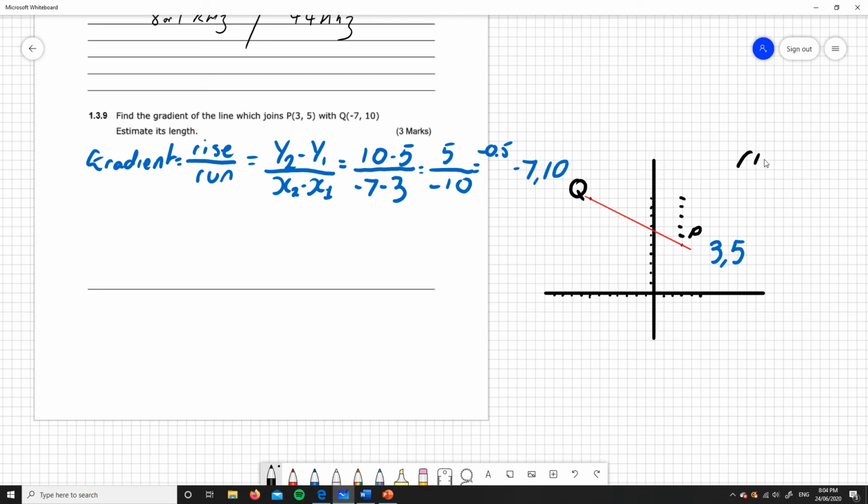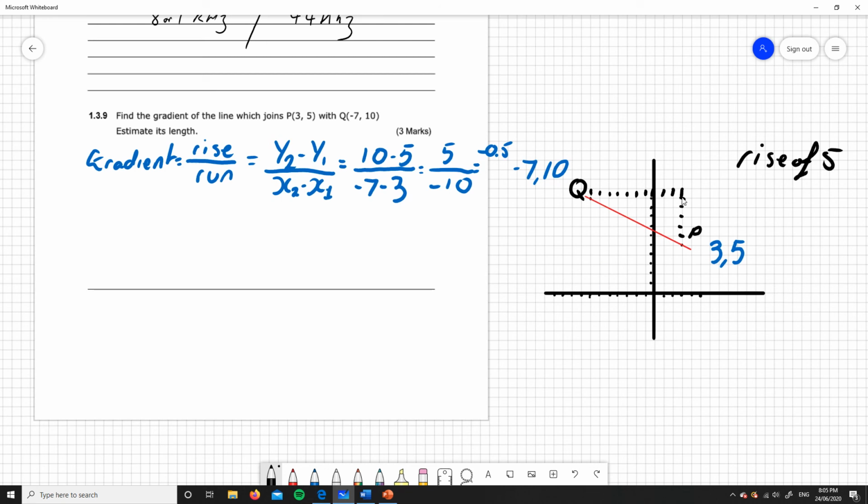So I have a rise of 5. In order to find my run, or the length along my horizontal axis, I'm looking at point P, going back towards point Q, so I'm looking at 1, 2, 3, 4, 5, 6, 7, 8, 9, 10.